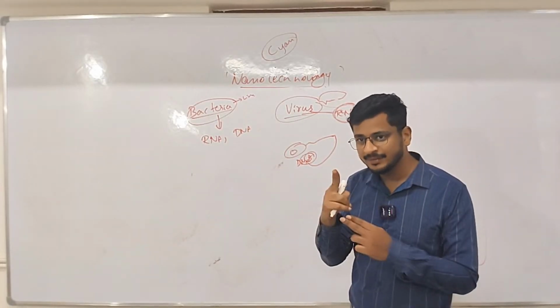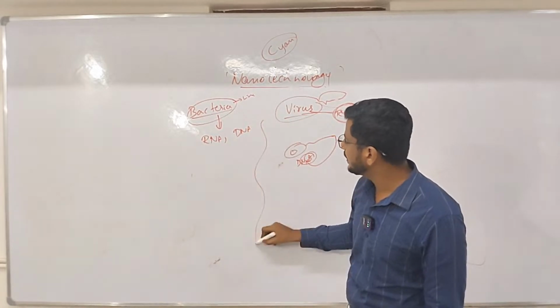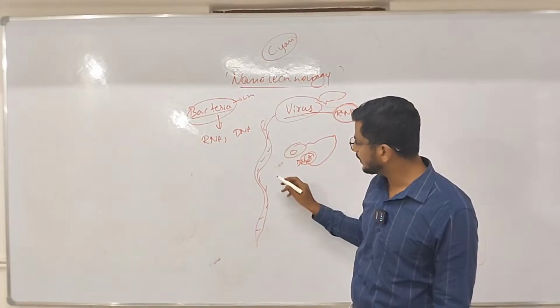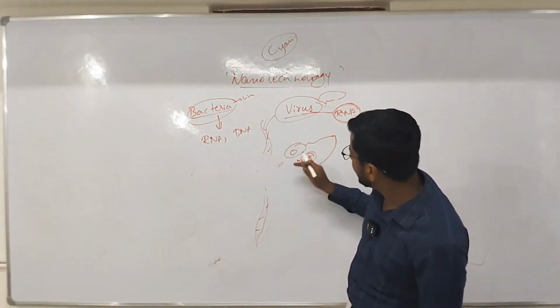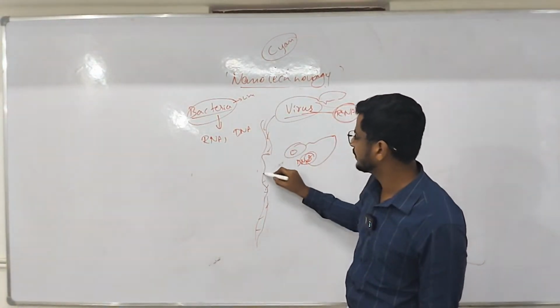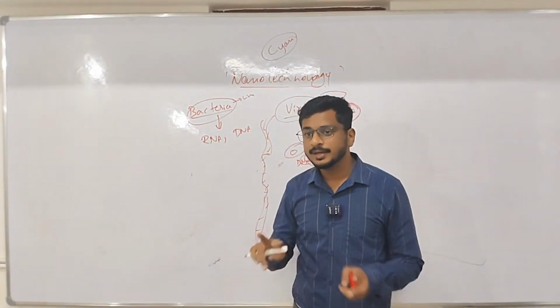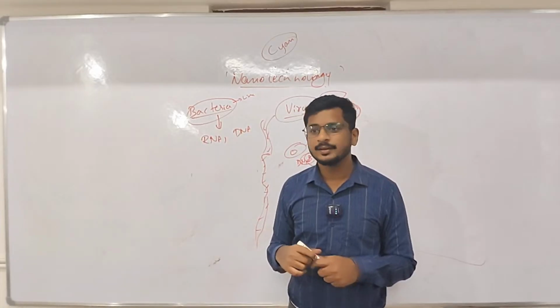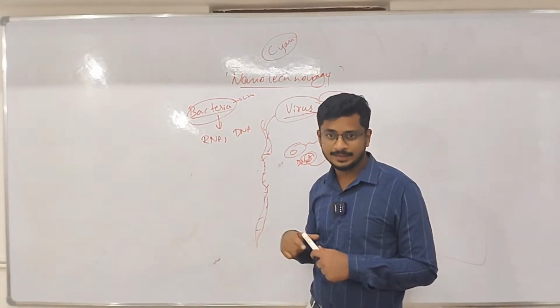It may delete, if this is the DNA strand, this RNA can cut here to here and replace itself. It has modified your cell, yes or no? That is what virus does.